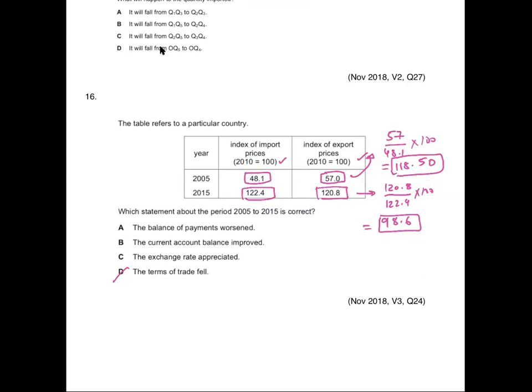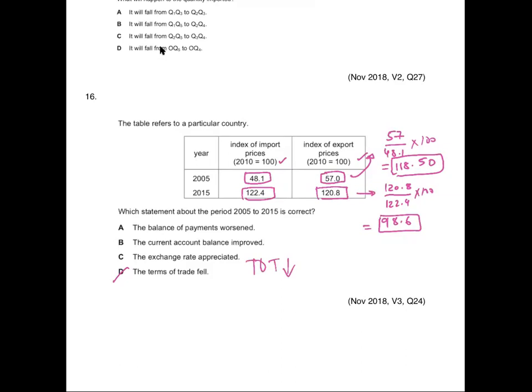So here we're looking at, as compared to the base year, the prices in 2005 were lower. So using the formula, if 2005 was 118.5 and in 2015 it's 98.6, I will say my TOT is going down. Okay, do we get that? Does that make sense?